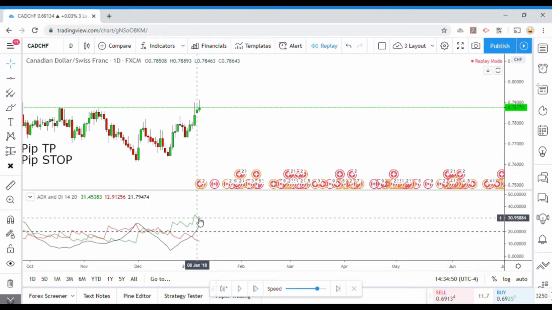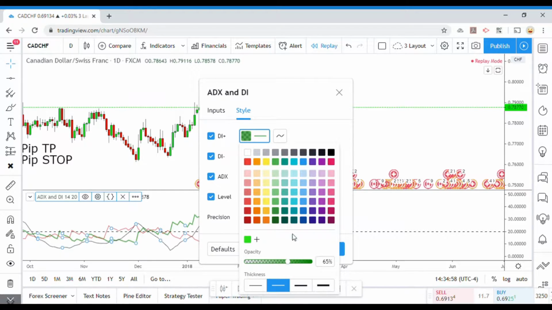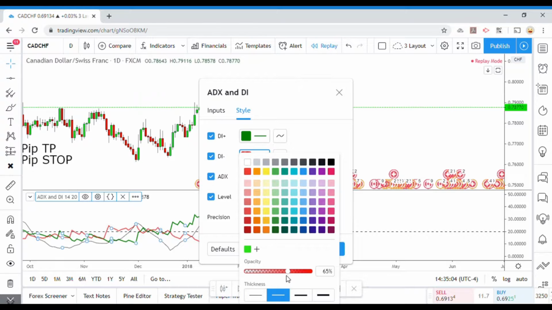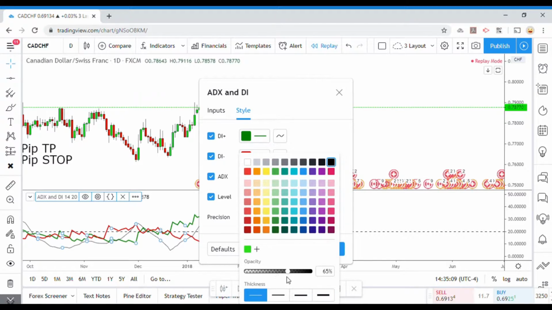So we have a cross of the 20 line here, and the green line is on top. Let me bump up the colors on these a little bit more, just so that we can see them a little bit better.